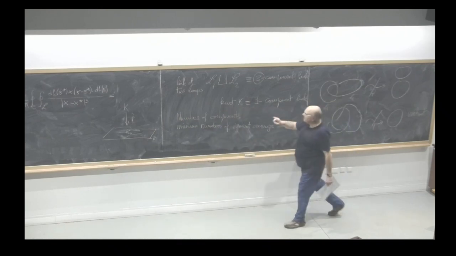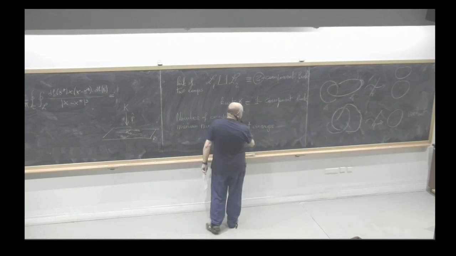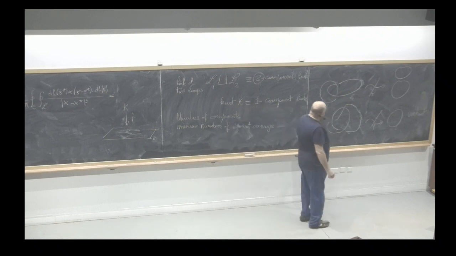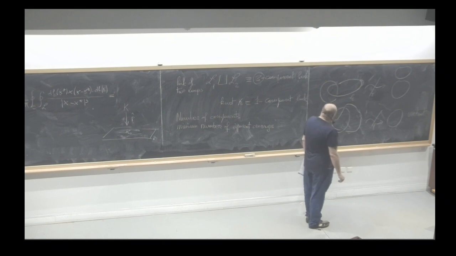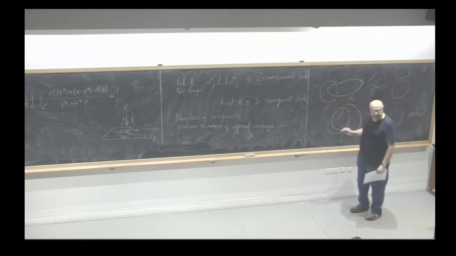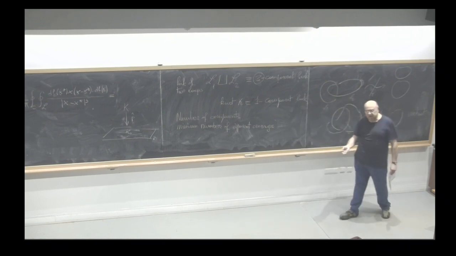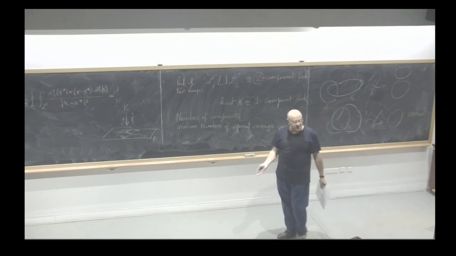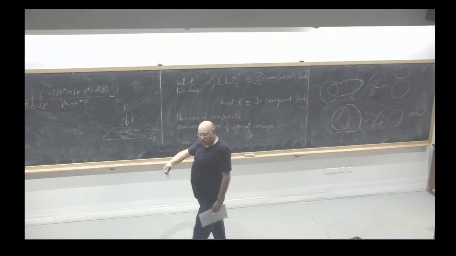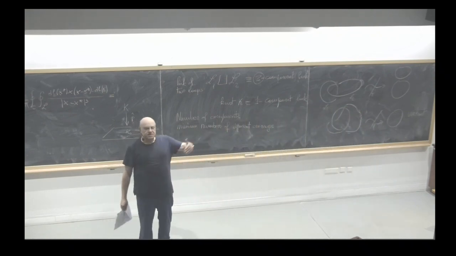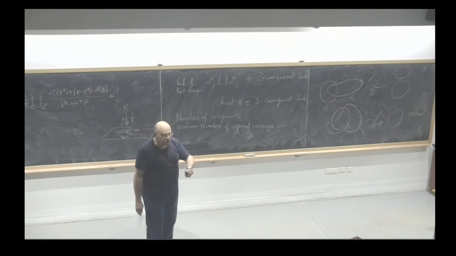If we go to the minimum number of apparent crossings, in that case, we have a topological quantity. So the trefoil knot has 3 crossings, the 4-crossing knot has 4 crossings, the 5-crossing knot, and so on. We have knots of increasing minimum number of crossings.